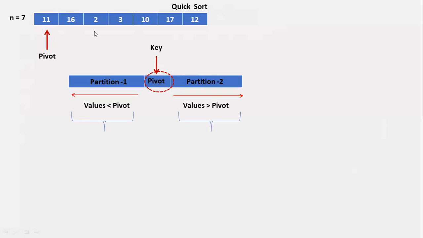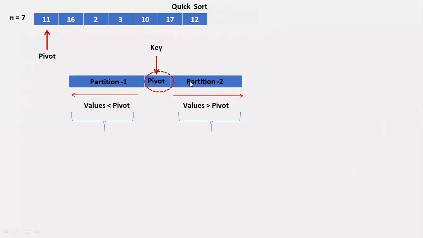Here we cannot say that the values in partition 1 are in the sorted order. What we can say is that the elements in partition 1 are less than this particular pivot element. We cannot give any guarantee that the elements present in this partition 1 are in the sorted order.